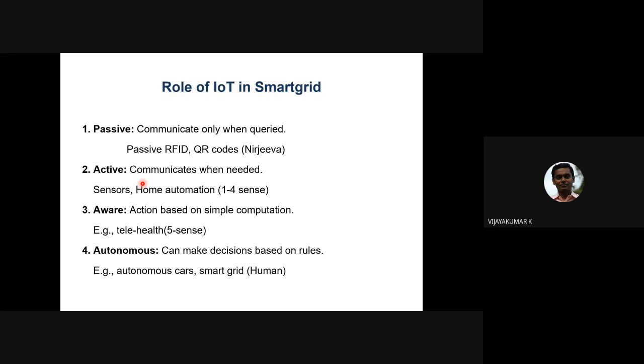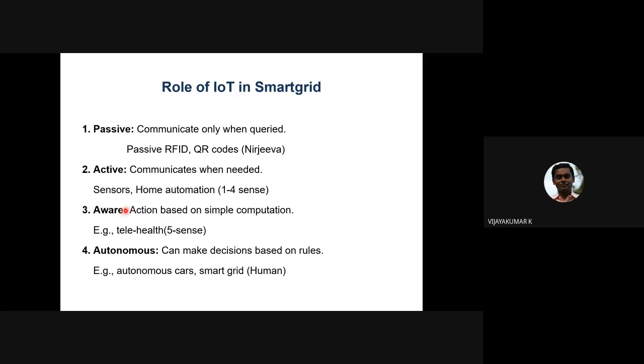Then there is active communication: whenever you need it, you can get the information from the sensors. That means your communication link is active, and information is often passed from one device to another device.